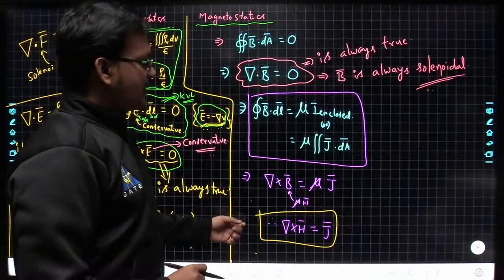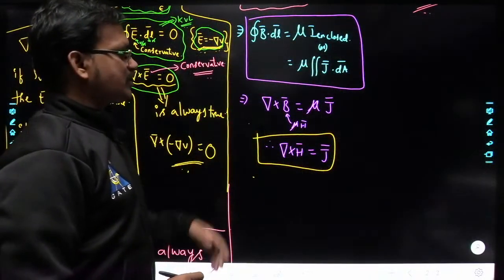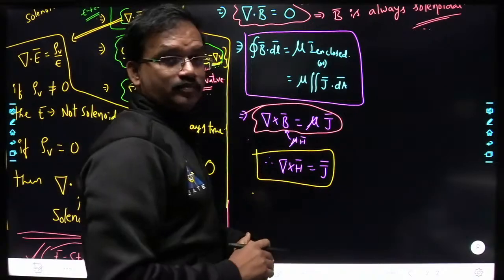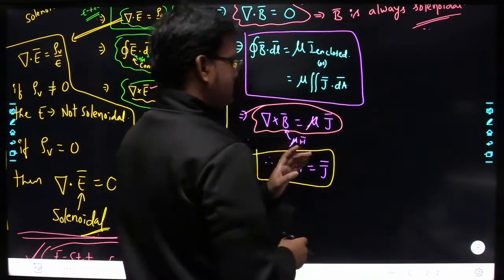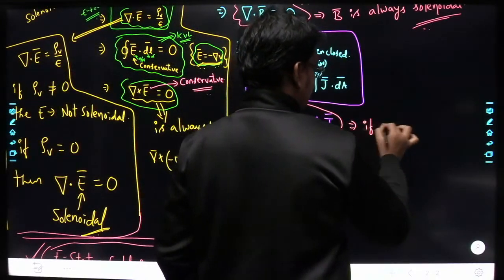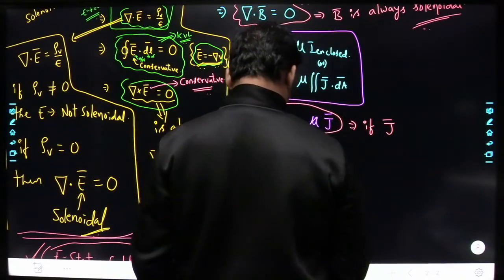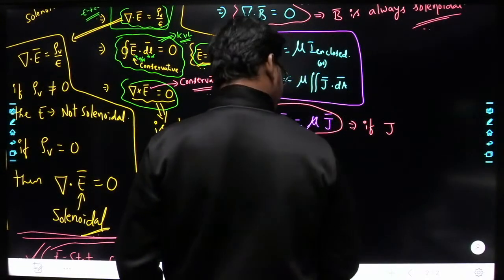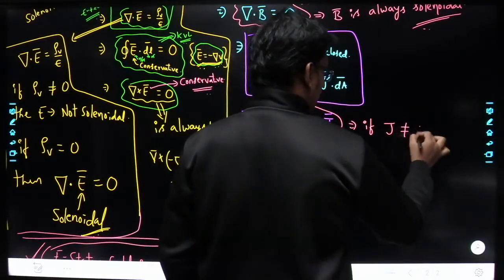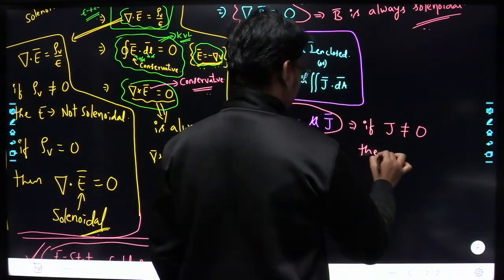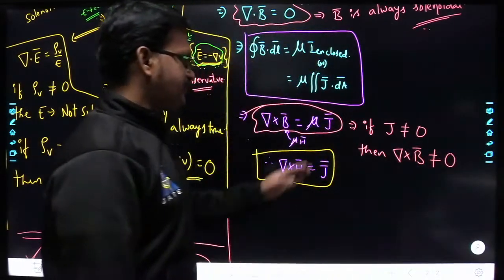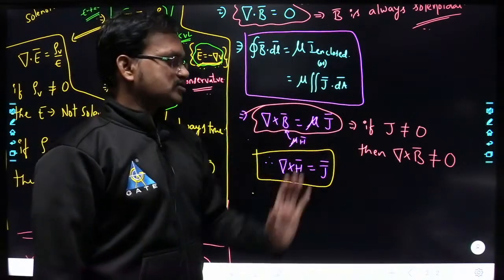Next, if you consider curl, curl of B bar is equal to mu times J bar. So if the current density J is not equal to 0, then curl of B bar is not equal to 0.